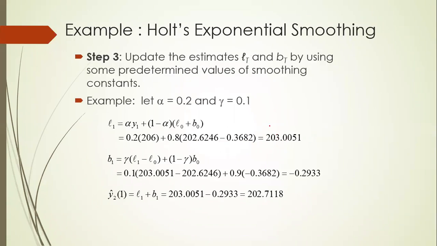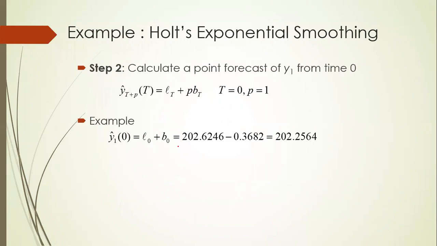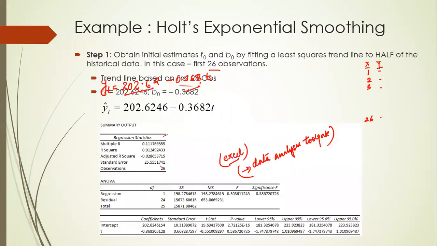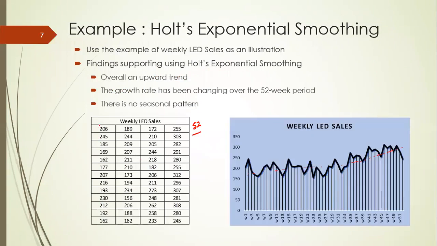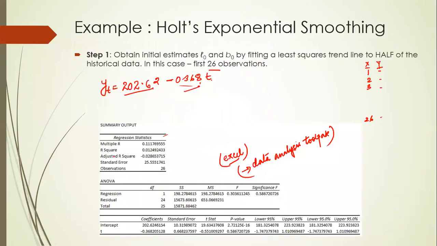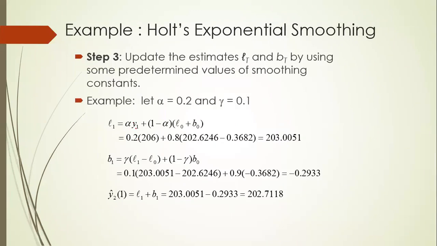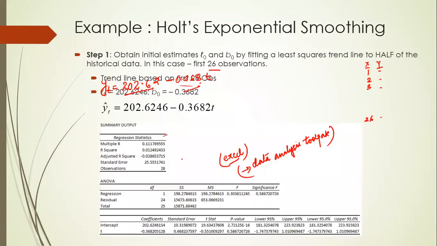Then in step 3, we update the estimates of Lt and Bt by using the constants. So we are using alpha equal to 0.02 here and gamma equal to 0.01. So when we substitute this, it becomes alpha times the earlier value, which is given here. This is the value. Yeah, this is the first value, plus 1 minus alpha times L0 plus B0. So you have seen this relationship.